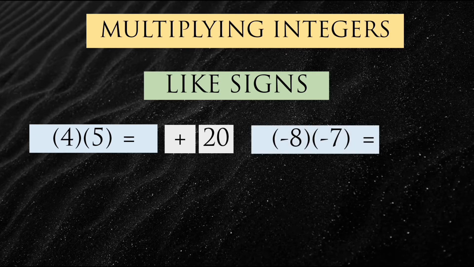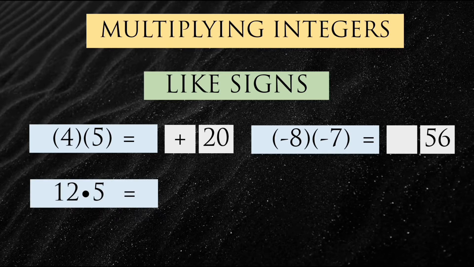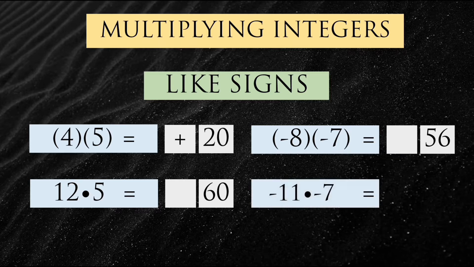Then negative 8 times negative 7, negative times negative is positive, so positive 56. Next, we've got positive 12 times positive 5, that's positive 60. And then negative 11 times negative 7, negative times negative, positive. So we have positive 77.